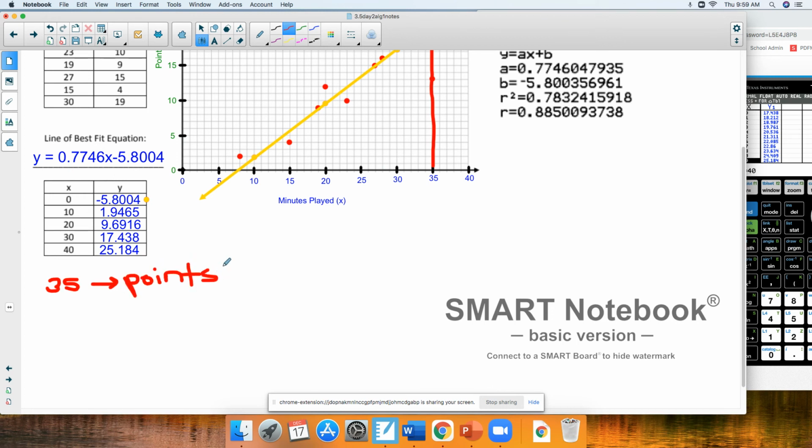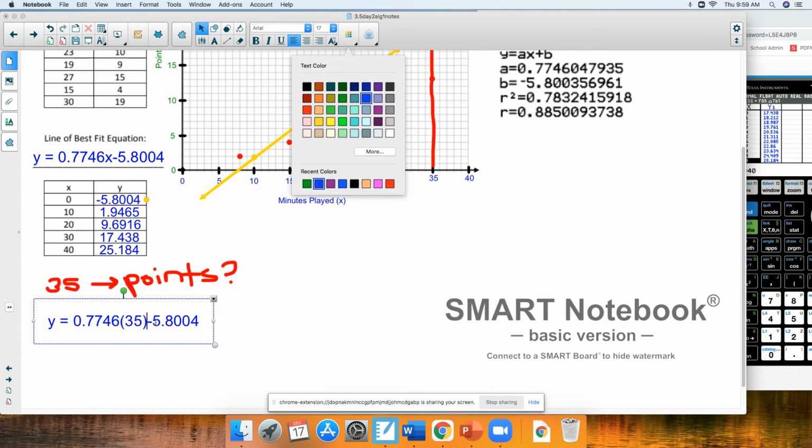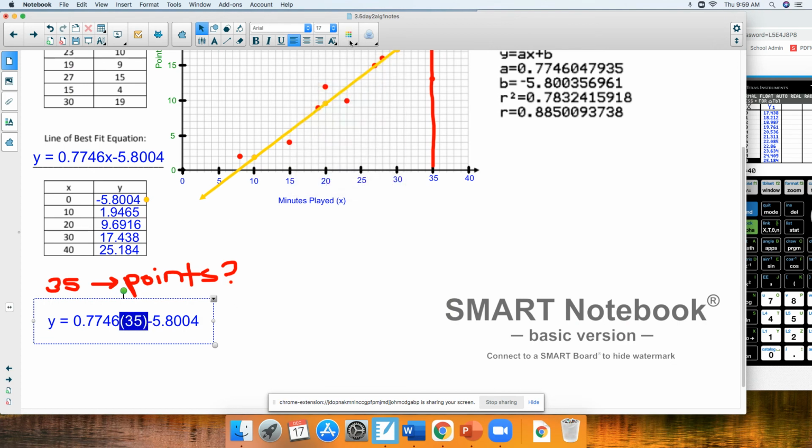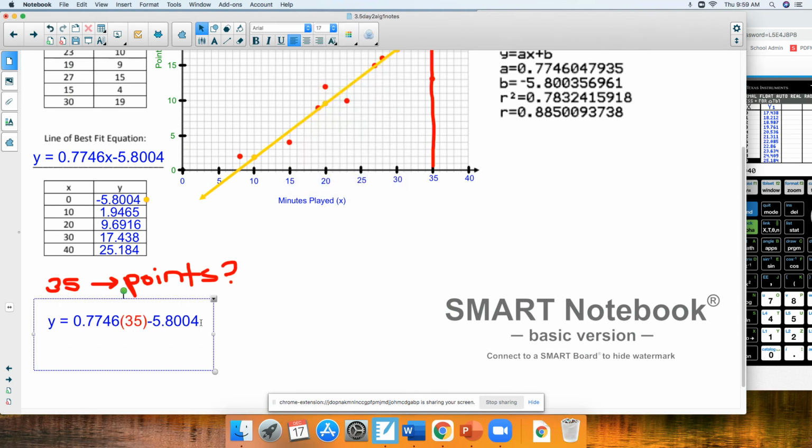Without a graph, you would take the equation that we had before, and instead of this x, you would put in 35, because x is 35. Then algebraically, you would go ahead and solve, and so we know that 0.074746 times 35 is actually 27.111.